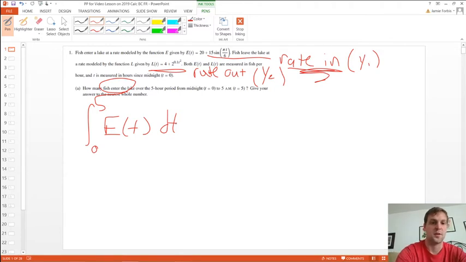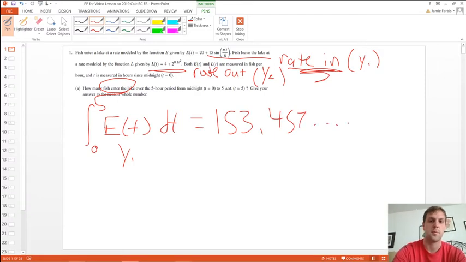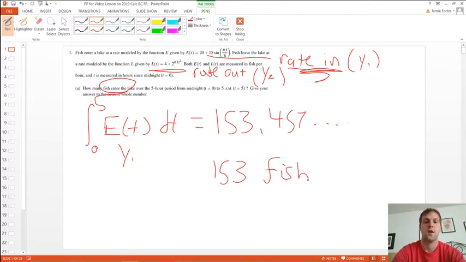I plugged that into my calculator as y1 and got 153.457, and so to the nearest whole number that would be 153 fish. 153 fish enter the lake over a 5-hour period. Not too bad.